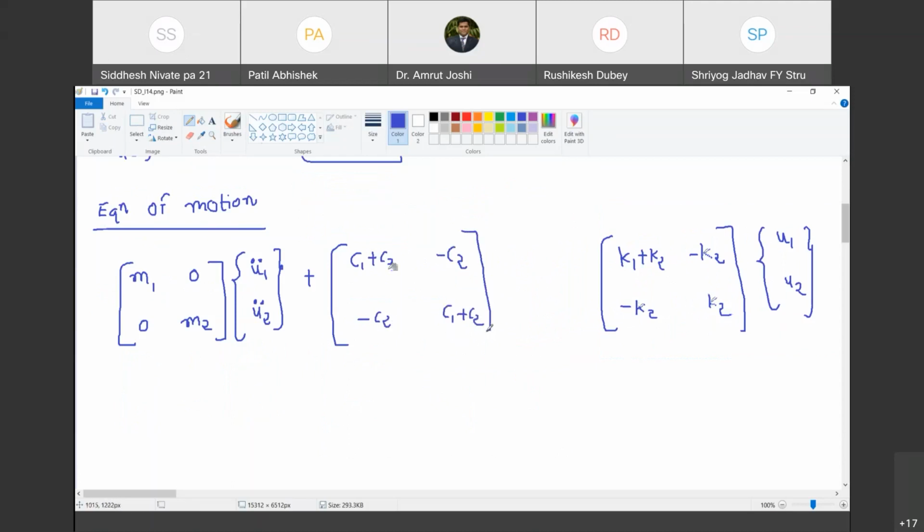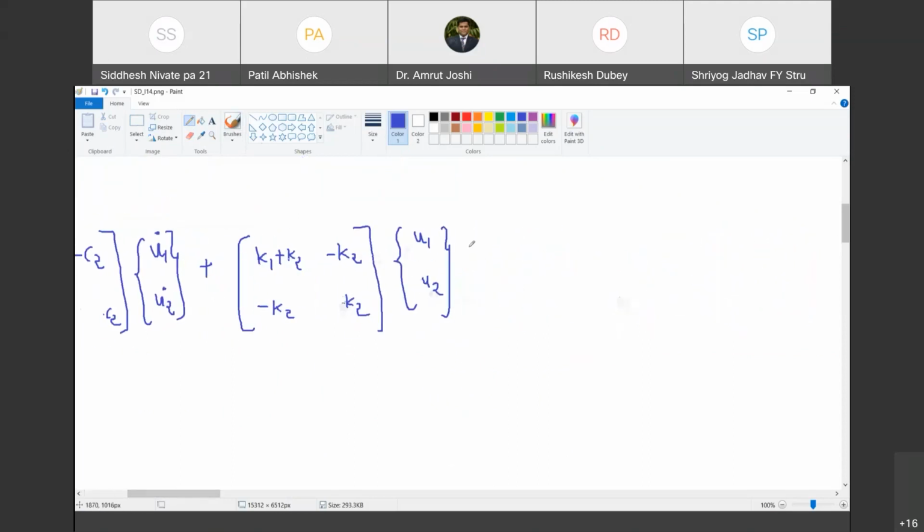Agreed? This multiplied by U1 dot, U2 dot of T. This plus this must be equal to F of T.